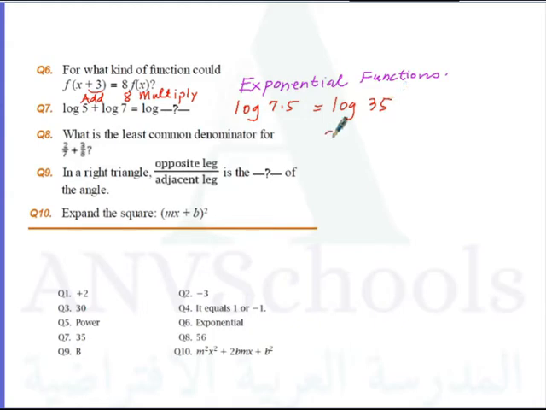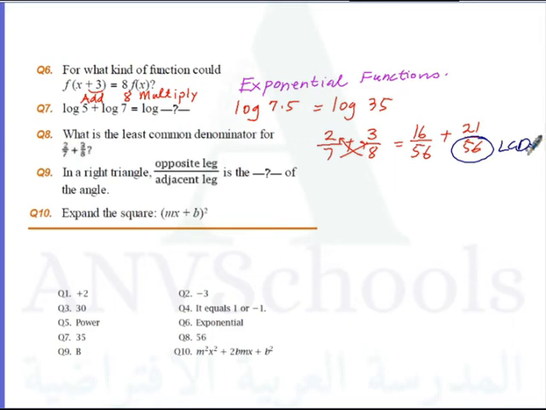The least common denominator is actually 56, right? So you could do it by multiplying the denominators of each term. So we have 21 over 56. So this is the least common denominator.